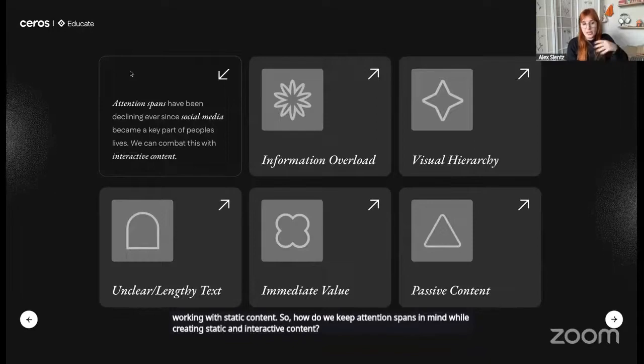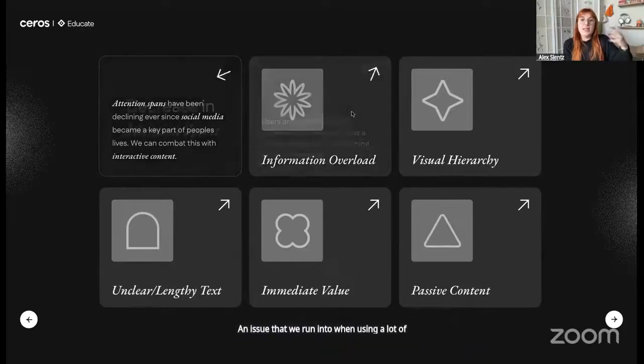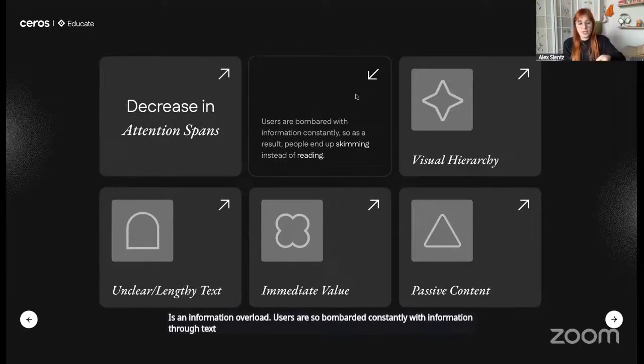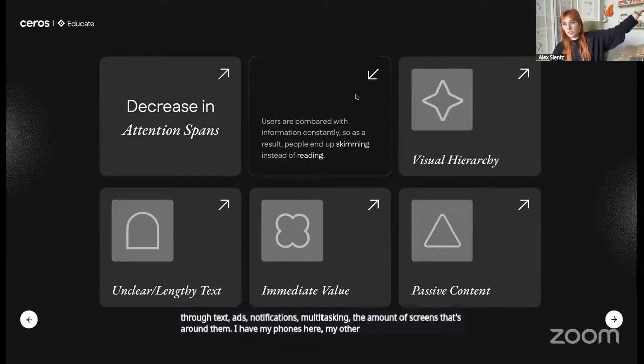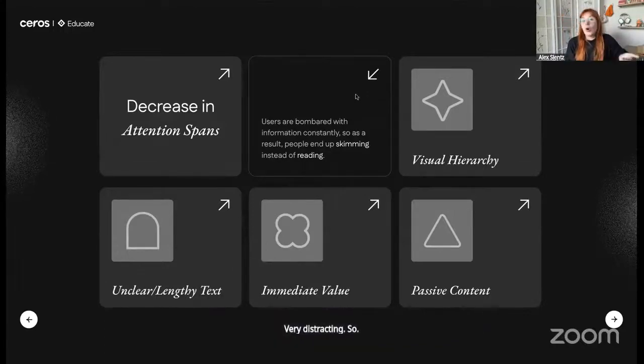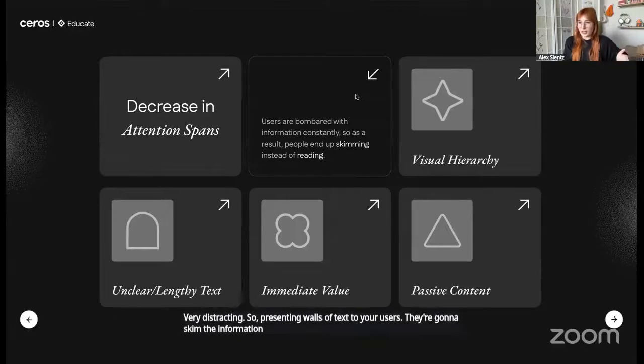An issue that we run into when using a lot of text is an information overload. Users are so bombarded constantly with information through text, ads, notifications, multitasking, the amount of screens that's around them. I have my phones here, my other computers here, my monitors here, it is very distracting. So, presenting walls of text to your users, they're going to skim the information, they're not going to actually read it.